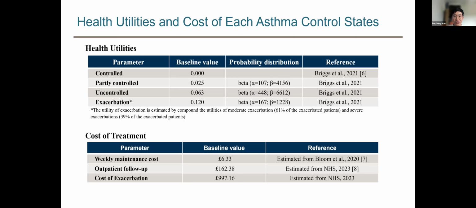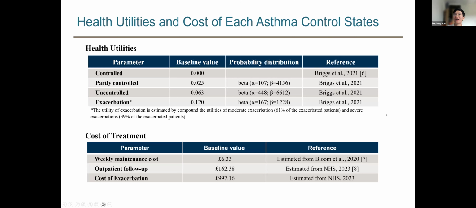For the health benefit, we rely on previous studies that measured health utility using a tool that Seb just mentioned, called EQ5D. With this data, we can calculate the quality adjusted life year, which shows both the quality and the quantity of life, allowing us to compare health benefits.